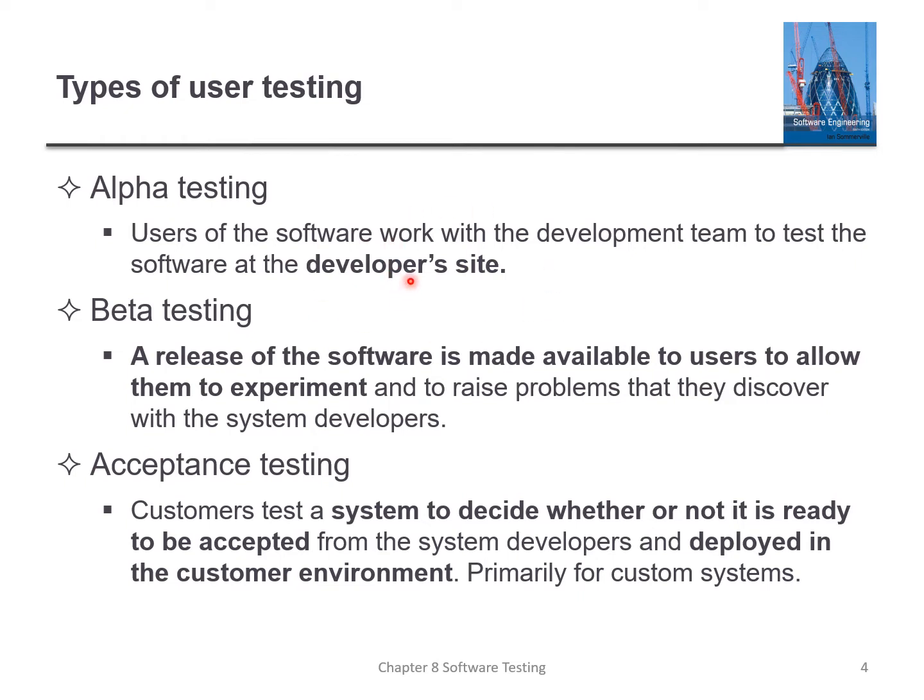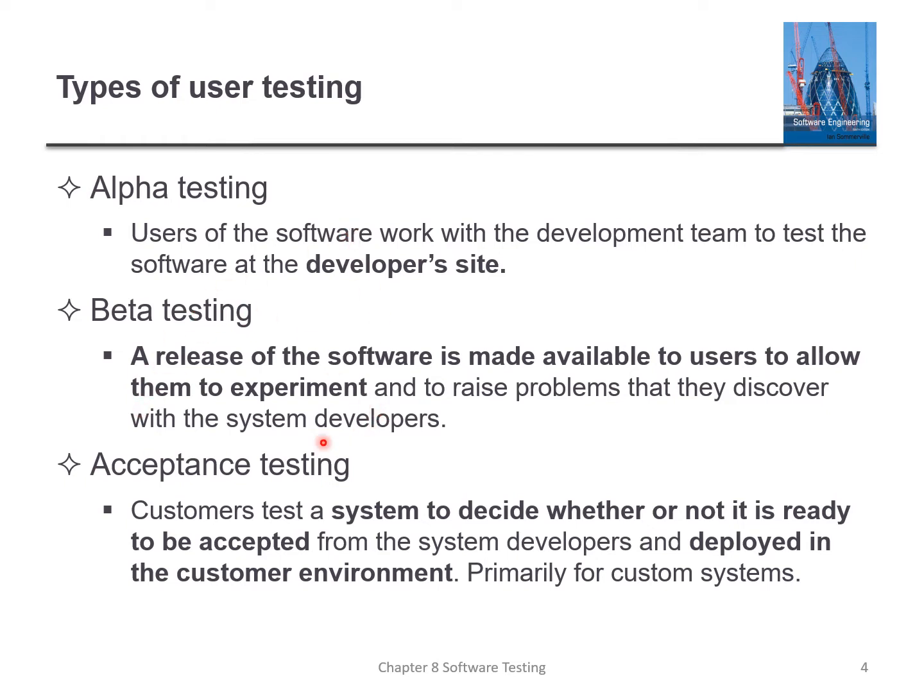Remember, during the agile method, the user is always involved, so they are always there during the development. So that is called alpha testing.